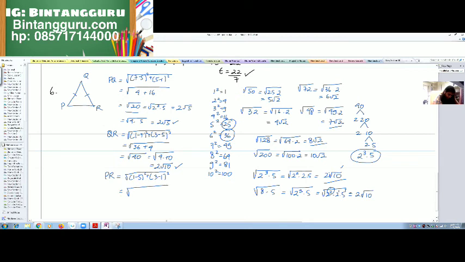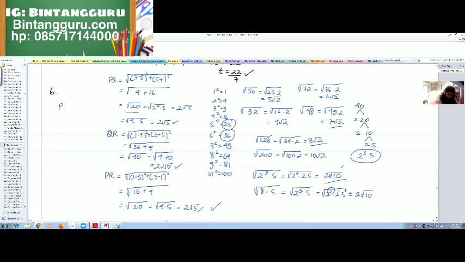So this is 16 plus 4. So this is root of 20. Root of 20 will be 4 times 5, so this will be 2 root 5. Okay, so PQ and PR, which is equal. So PQ equals PR.